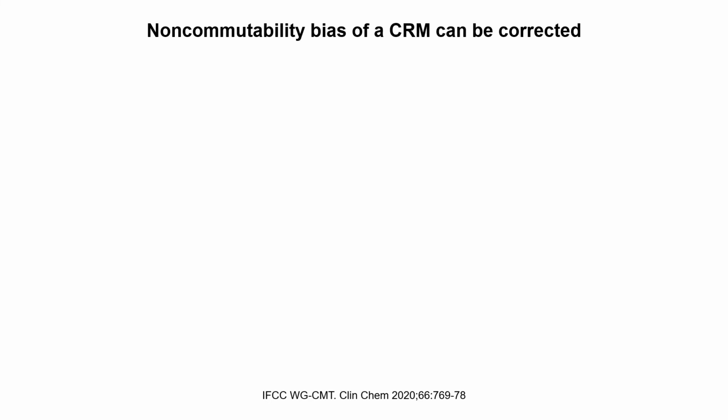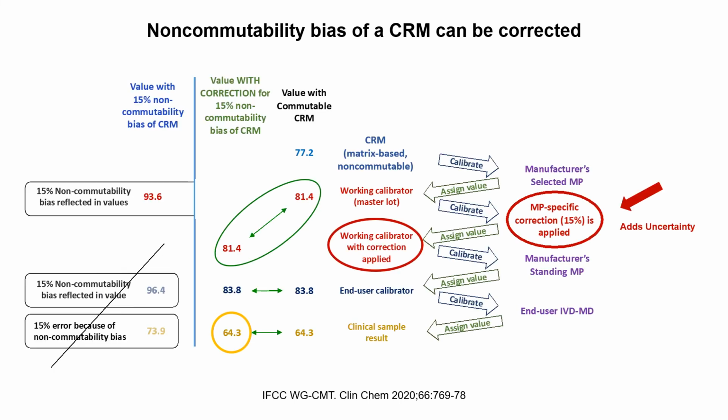Now, non-commutability bias of a certified reference material can be corrected, and this work was published, as you can see at the bottom, by the IFCC Working Group on Commutability and Metrological Traceability last year. And this diagram shows how the correction process works. So in the calibration hierarchy, a measurement procedure specific correction, in this example a 15% correction, is applied.